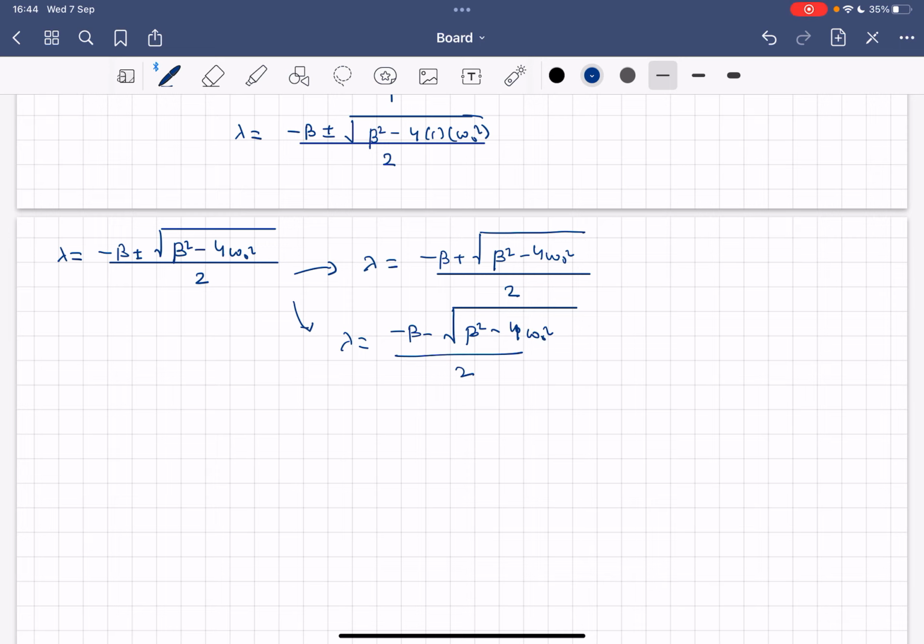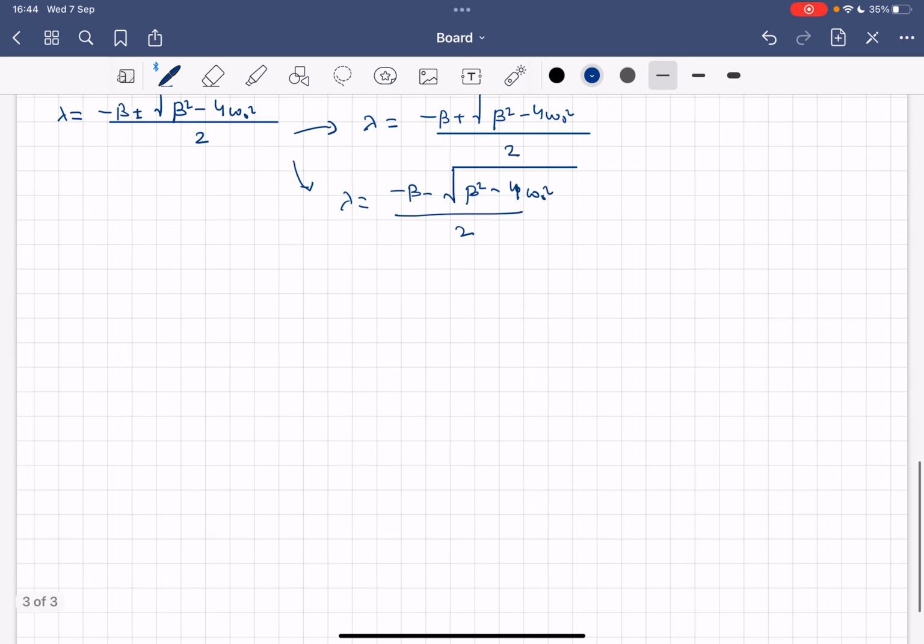I take these two values and I can find two solutions. My first solution, let's say x1 of t, is given as c1 times the exponential of minus beta plus the square root of beta squared minus 4 omega naught squared, the whole thing divided by 2.